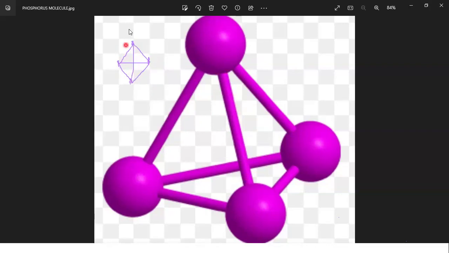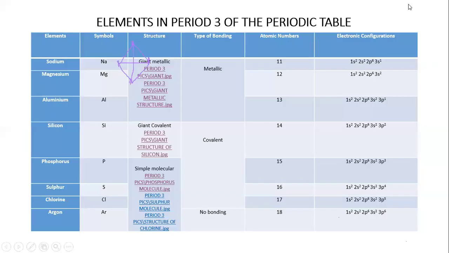So in 2 dimensions, we can just summarize it like this. Hope we are together. All right, so that's in 2 dimensions. That is phosphorus. Next you can see sulfur.